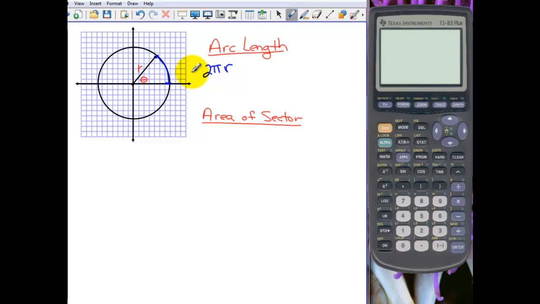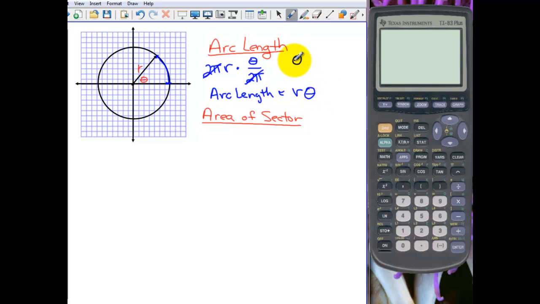Now our arc is only a fraction of the circle, so we have angle theta here, and its portion, or the ratio of this part of the circle to the entire circle, is theta over 2 pi. We can see the 2 pi's cancel out, so we come up with our formula that arc length equals r theta.